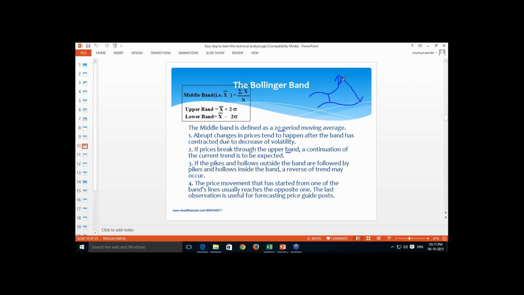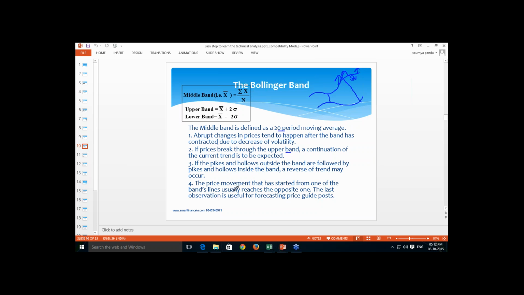Meaning whenever the price moves above the upper band but fails to maintain that, and again falls below the upper band, and again moves above it, if this tendency continues, then we can say that a reversal of the trend is expected.